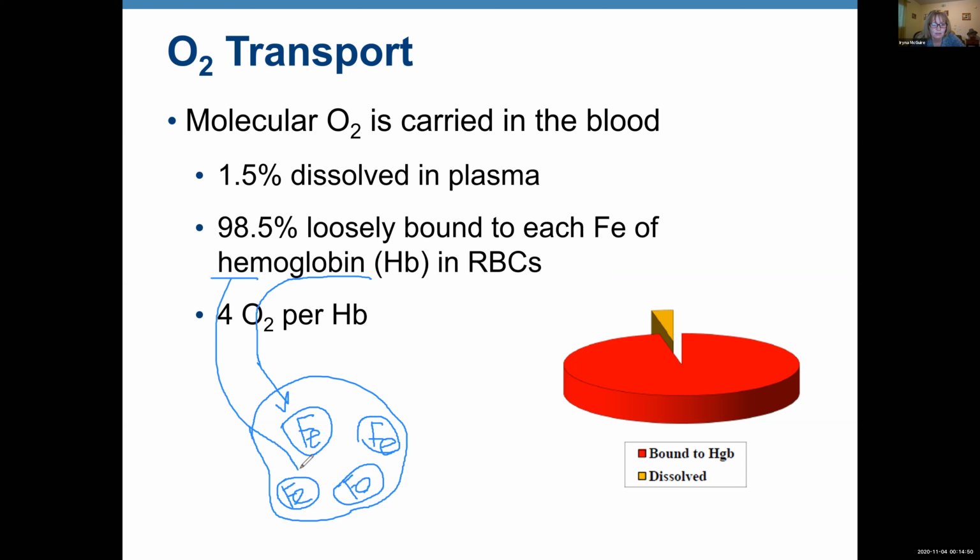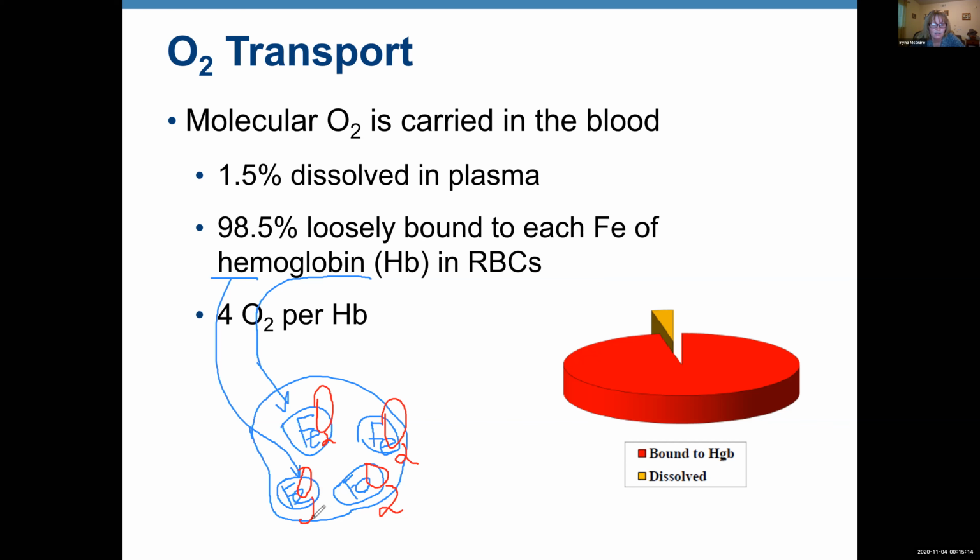And now we have oxygen. So one oxygen is attached over here to iron, one oxygen over here, one oxygen over here, and one oxygen attached right here.